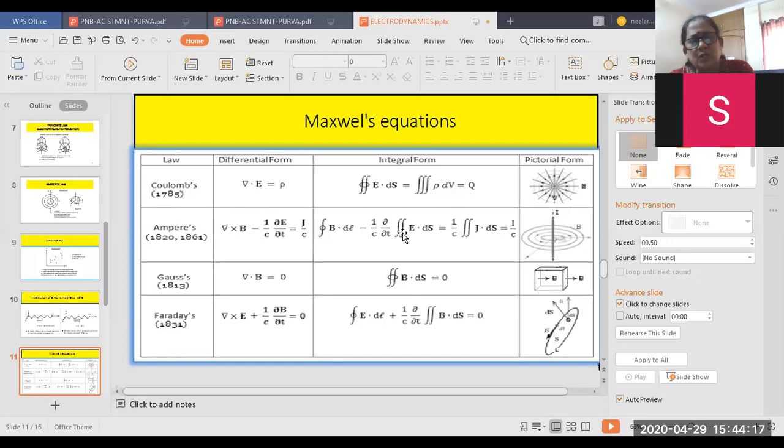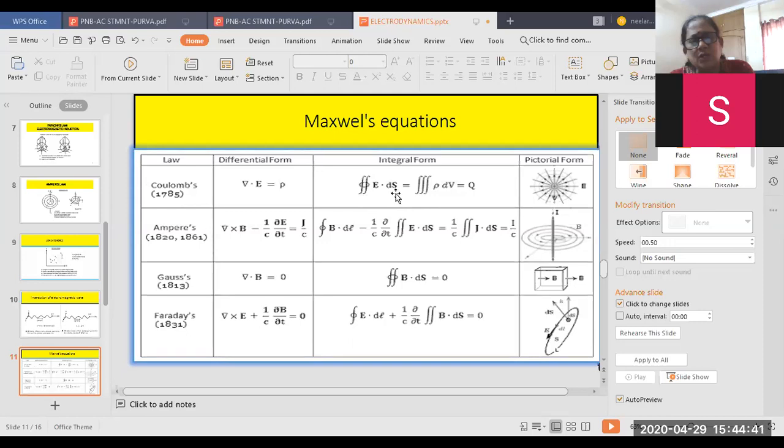Okay. So similarly, coming to the integral part, you can see here I am talking about the electric field about a surface. A surface is there. The surface can be a circular surface, a cylindrical surface, a rectangular surface, it can be anything. So I am dividing it into small portions. Fine.